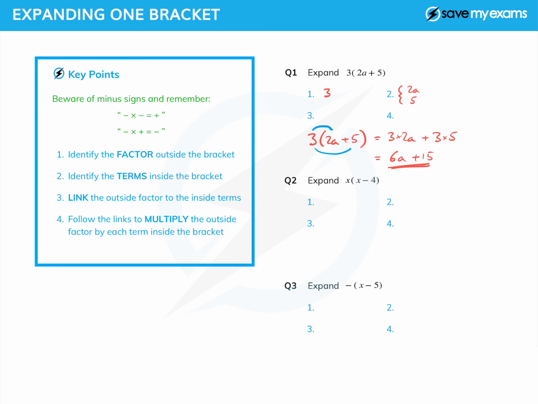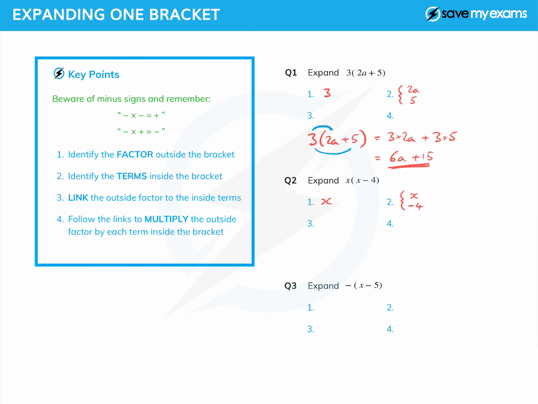Right, let's do the next one. So again, we're going to identify the factor outside the bracket. In this case, it's just x, isn't it? Okay, and now we're going to identify the terms inside the bracket. I've got x, and this time I've got minus 4. And that minus sign is really very important. Okay, so let's write those two things down, x and minus 4.